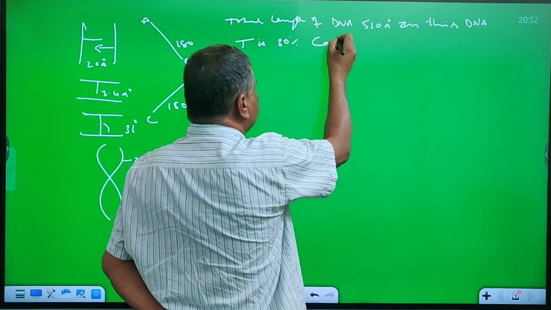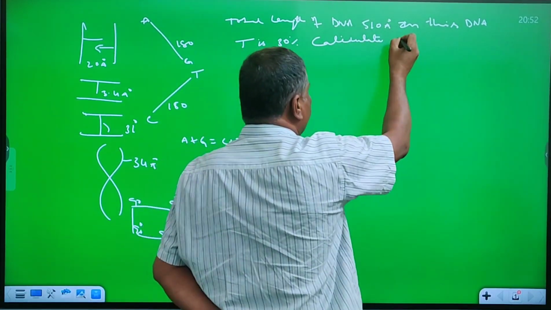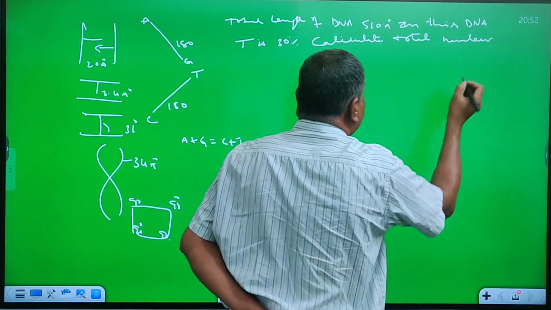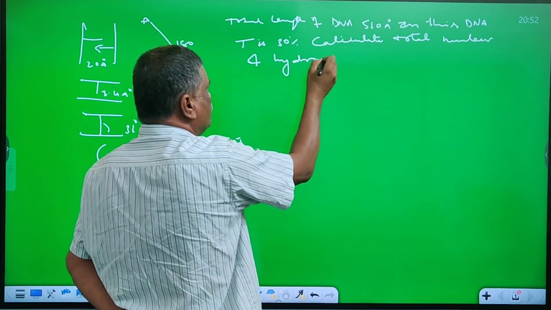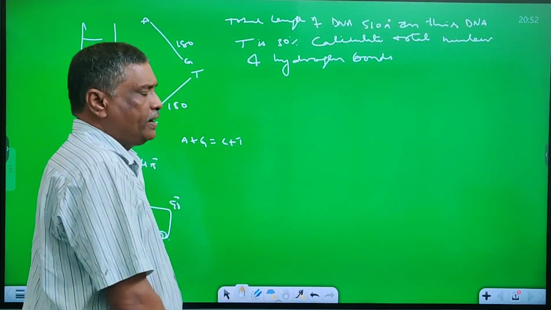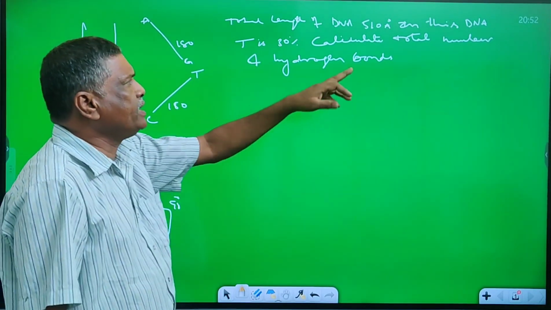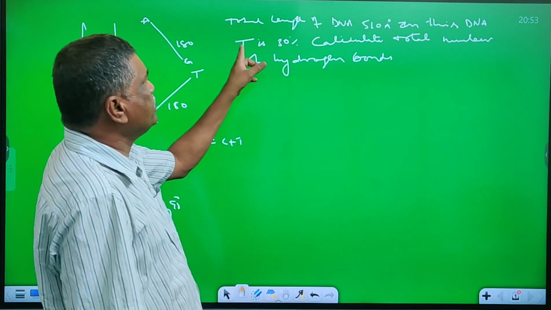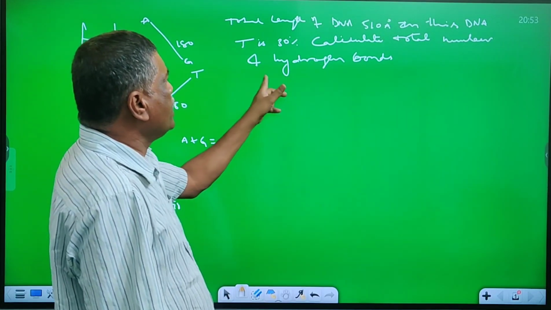Then calculate the total number of hydrogen bonds. It is a question. In our previous examination, they gave this question. Means the total length of DNA is 510 angstroms, and in that length of DNA, 30% of nucleotides are T. Then calculate the total number of hydrogen bonds.